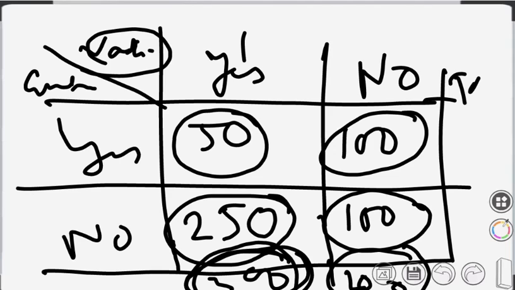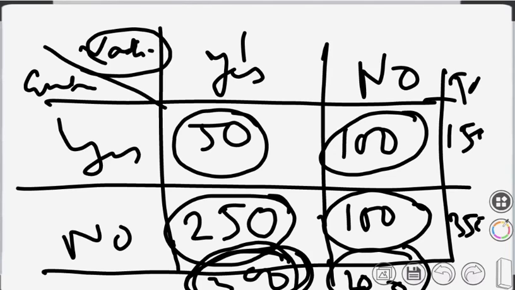Now the question is, how many total? This is 150 and this is 350. So can we say that the vaccine is effective on the people?